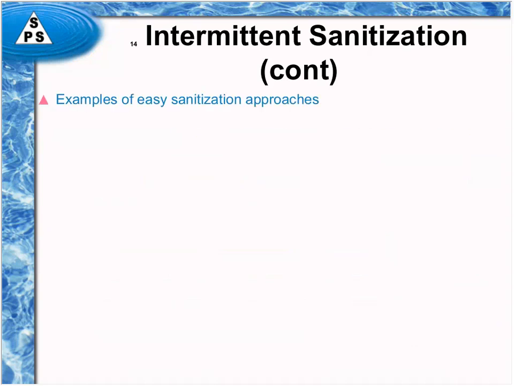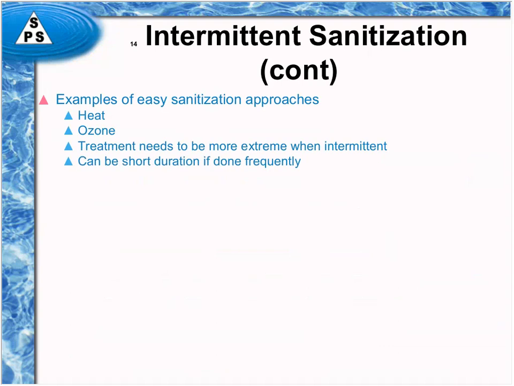Now, some examples of easy sanitization approaches, like we mentioned, are heat and ozone. And what happens is that if you're using these 2 things intermittently rather than continuously, then the treatment extremity needs to be more exaggerated. That needs to be hotter water, that needs to be higher ozone concentrations. The duration can be shorter if you do it more frequently.